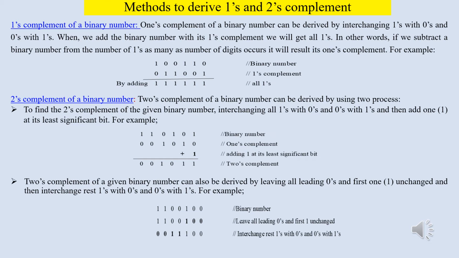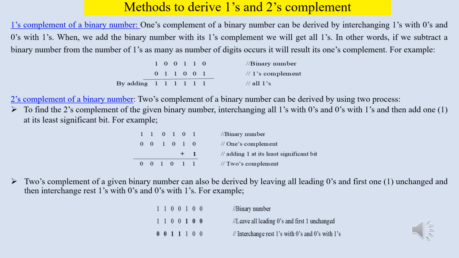In the second method, the two's complement of a given binary number can also be derived by leaving all leading zeros and the first one unchanged, and then interchanging the rest of the ones with zeros and zeros with ones. For example, let the binary number be 1100100.